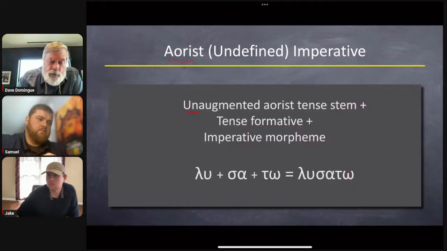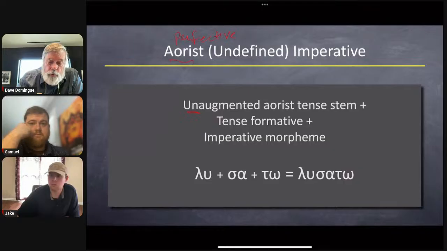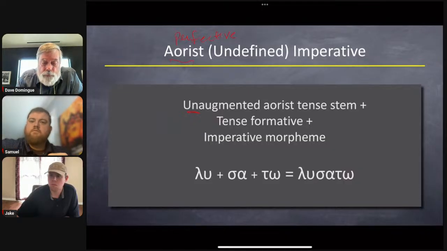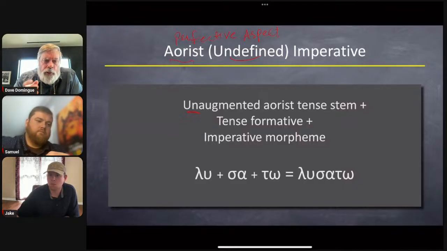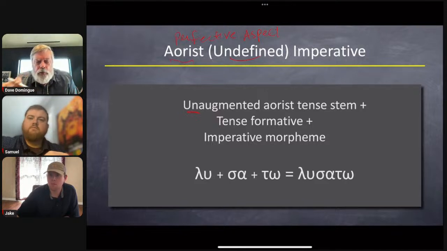And so aorist is going to be that perfective kind of aspect, which is going to be that undefined. It's just a point of an event, and you're not referring to the process, the time, beginning or ending. You're just referring to the event itself, that it occurred.